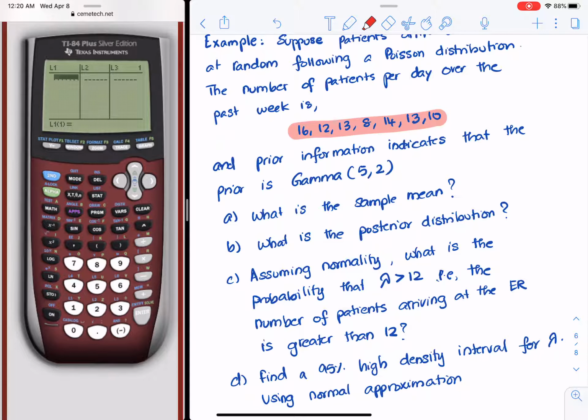But previous information tells us that the prior is gamma 5, 2. So let me go ahead and enter the sample information.